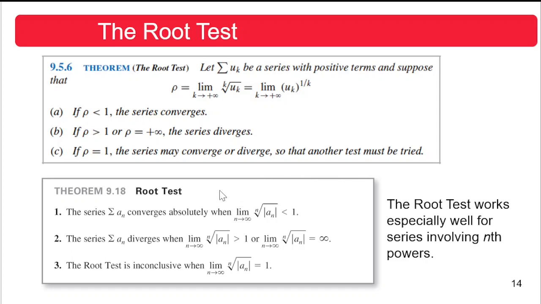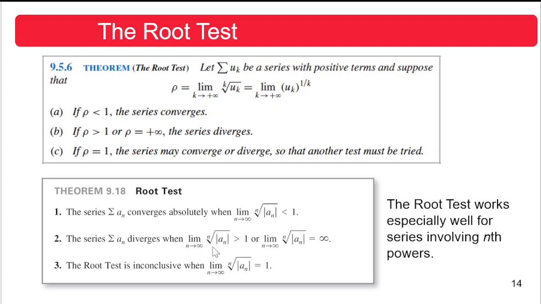But if you want to determine the convergence of the series using absolute convergence, then we take the absolute value of the nth root of a sub n before taking the limit. If the limit of the nth root of the absolute value of a sub n is less than 1 as n approaches infinity, then we can say that the series summation of a sub n converges absolutely.